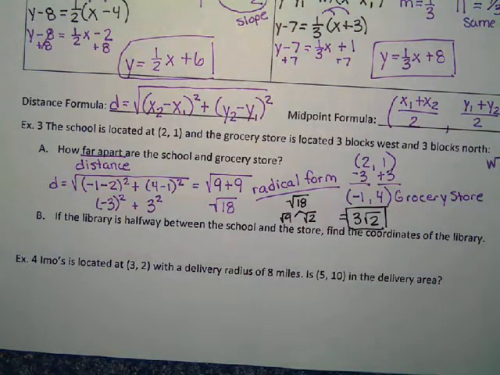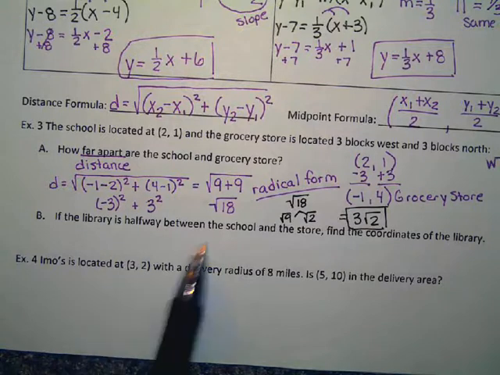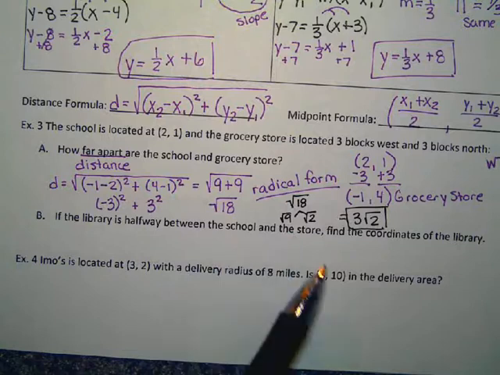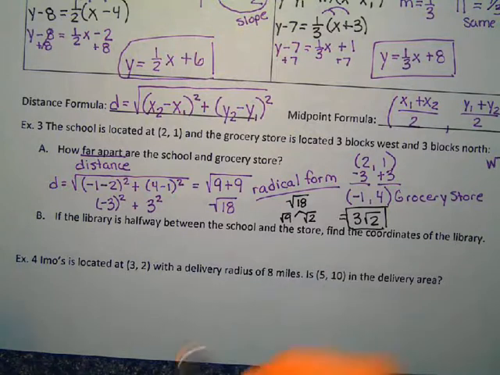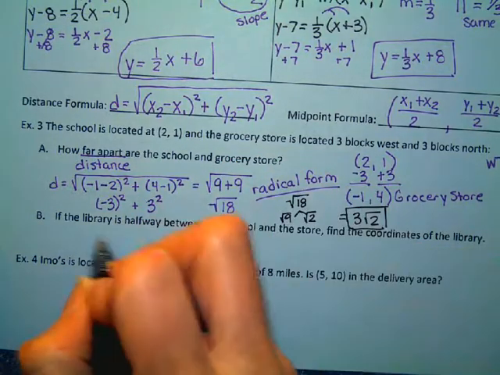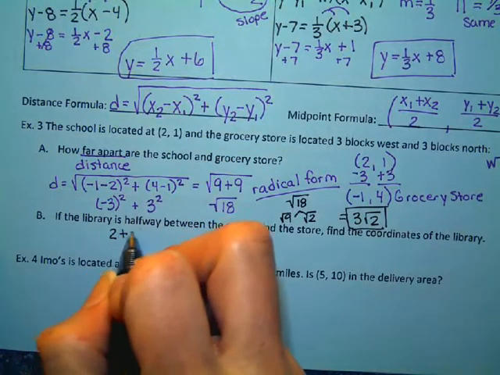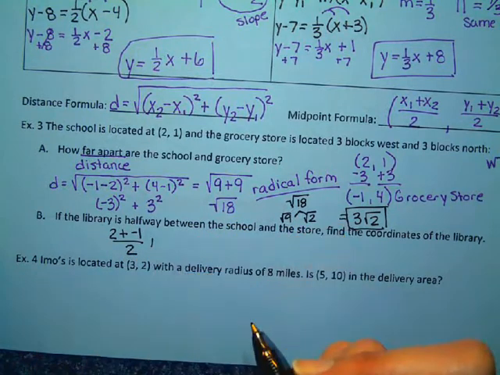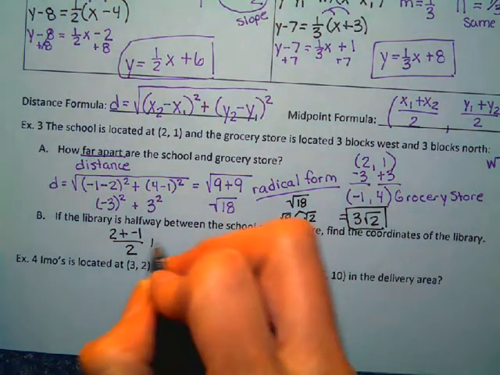If the library is halfway between the school and the grocery store, find the coordinates of the library. So the library is the halfway point. So this is your x. I'm going to do 2 plus -1 divided by 2. Then I'm going to do the y's, which would be 1 plus 4 divided by 2.